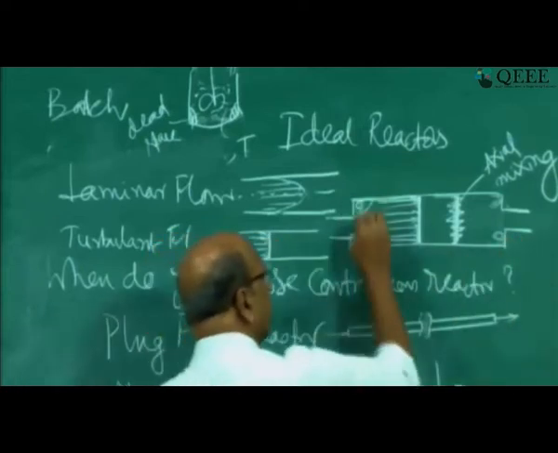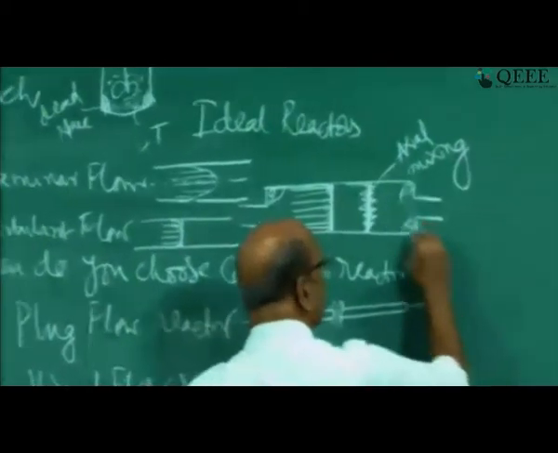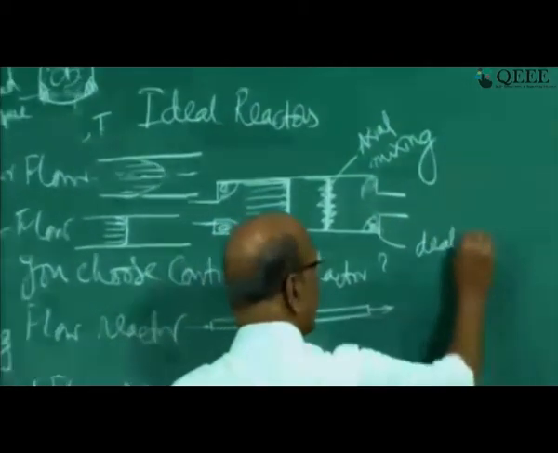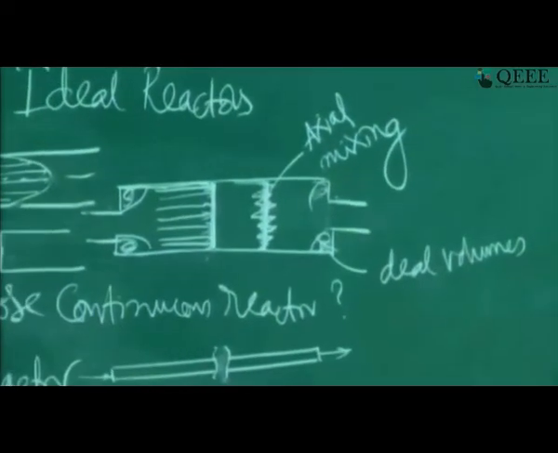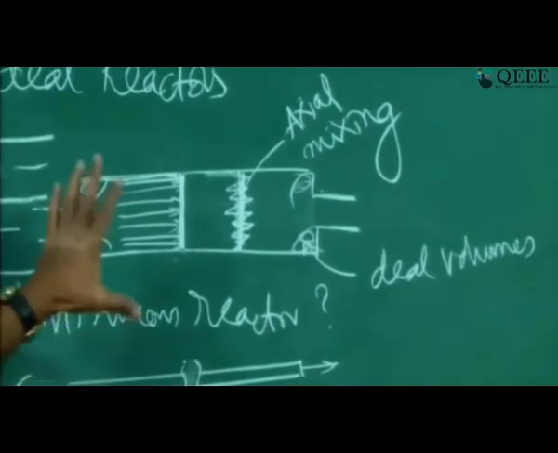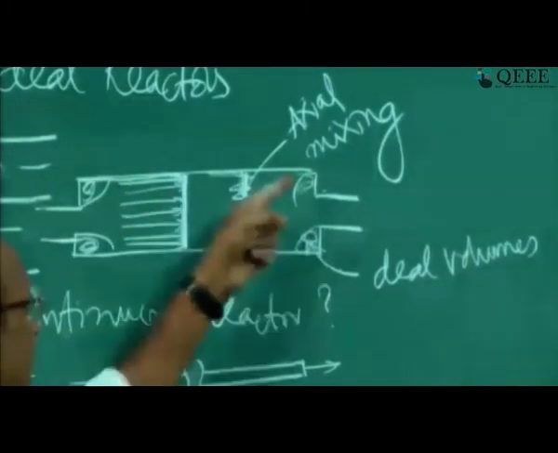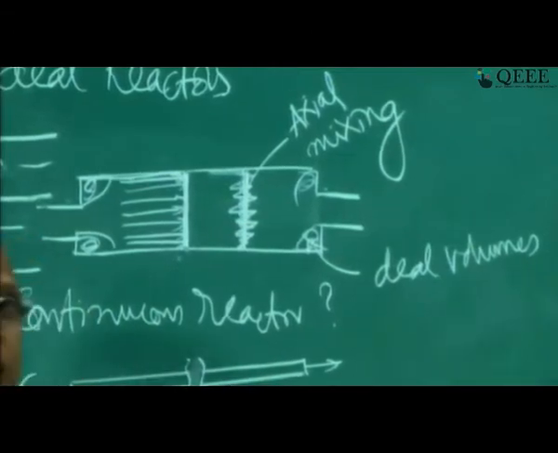These volumes are dead volumes. Right? These are not allowed in a plug flow reactor. Axial mixing is not allowed. That means molecules going forward, again coming back, going forward, again coming back.